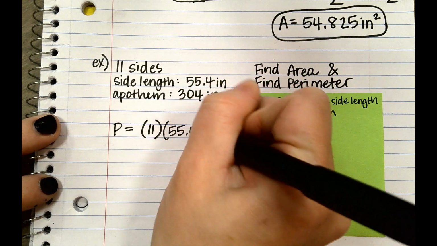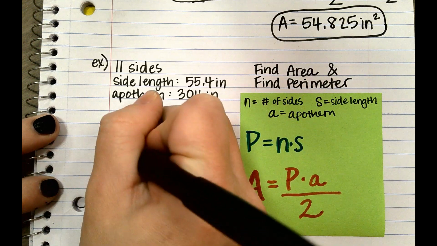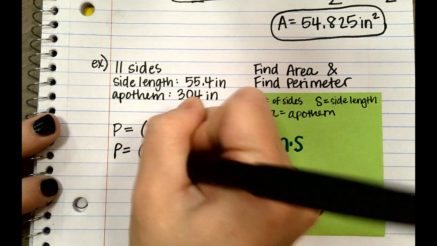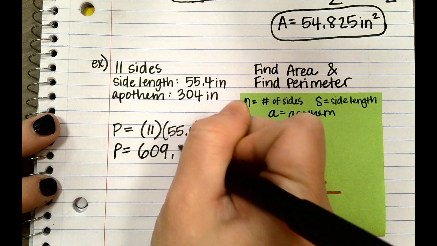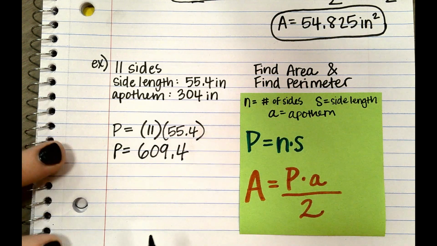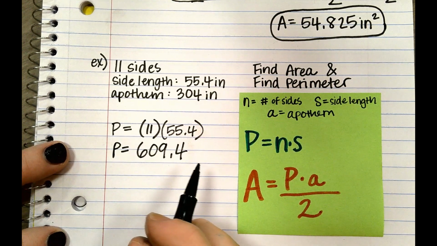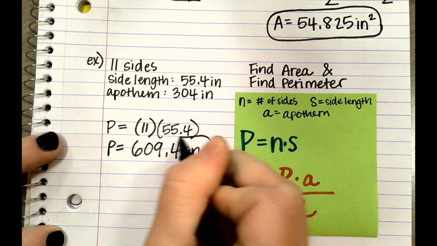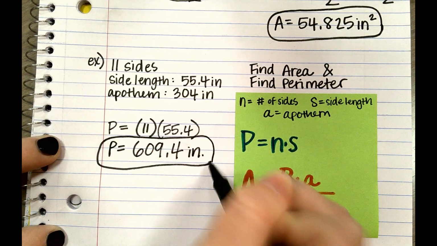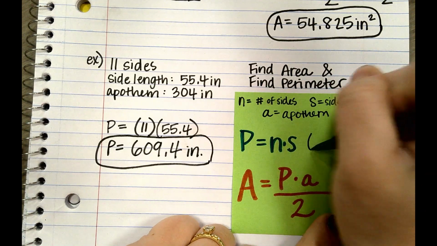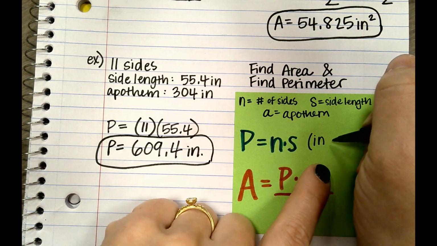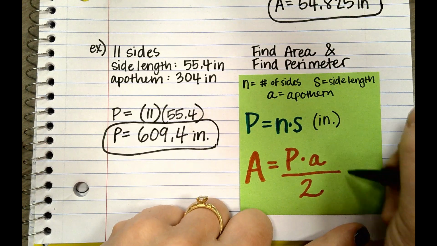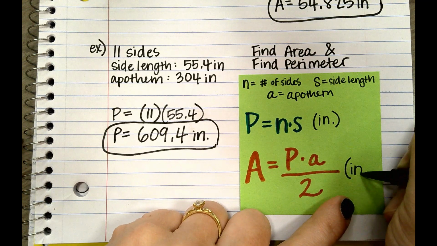And what do you get when you multiply those? 609.4. What would my units be? Inches. Good. Not a bad idea to put this over here on your sticky note. I'm going to write inches for perimeter, and I'm going to put inches squared on area, just as a reminder.